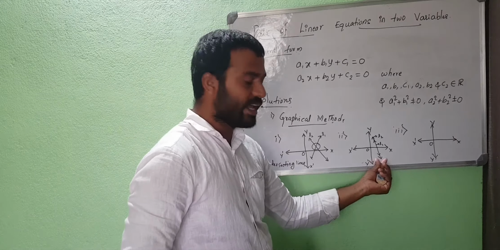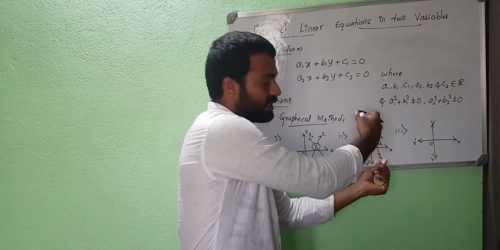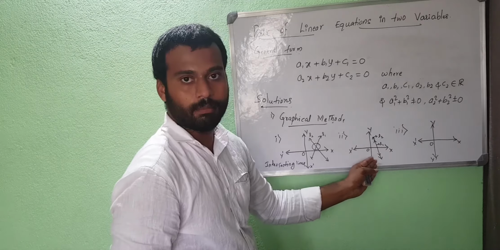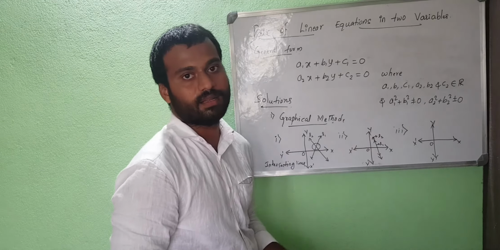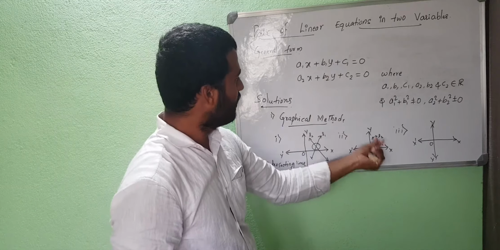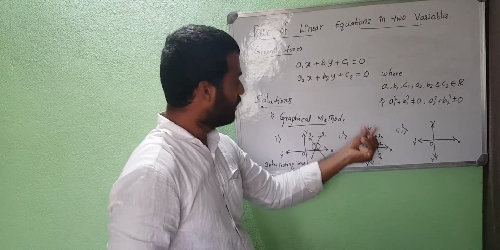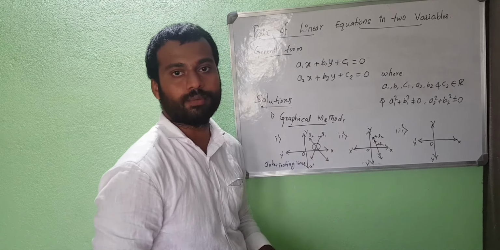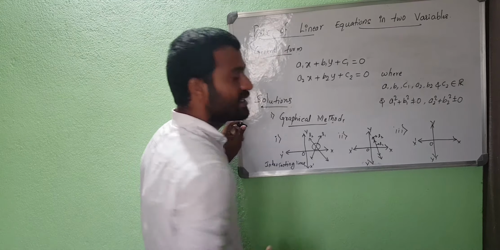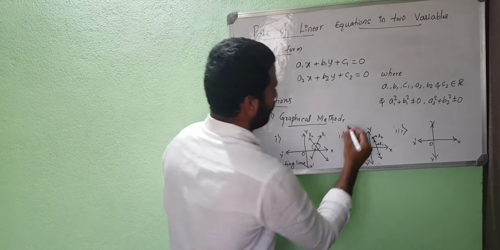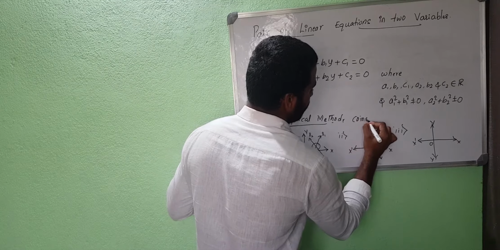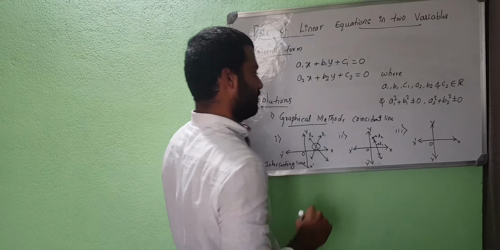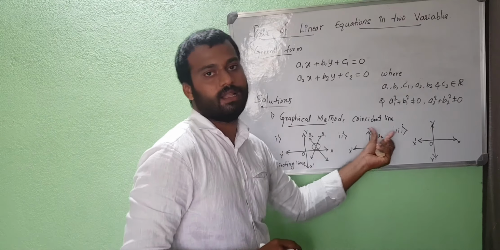Here the two lines intersect infinitely many times. It looks like one line only, but there are two lines, one on the other. L1 is the graph of the first equation and L2 is the graph of the second equation. This type of solution we call coincident lines.